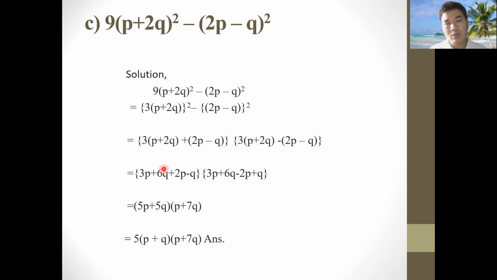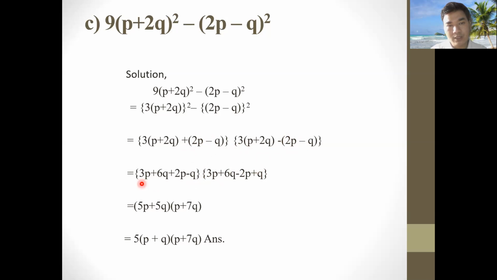Now remove the bracket. 3 into p is 3p, 3 twos are 6q, and plus 2p, plus q. Here also 3 into p is 3p, 3 twos are 6q, minus 2p, minus minus plus q.